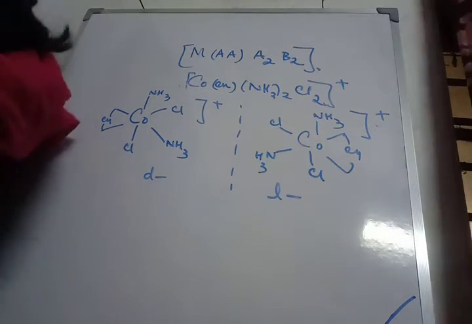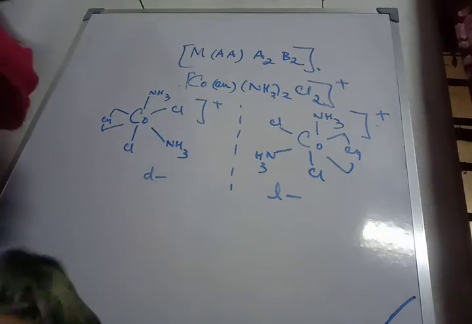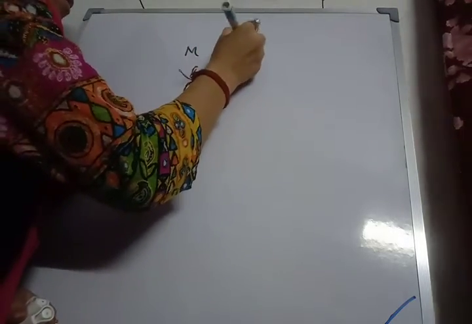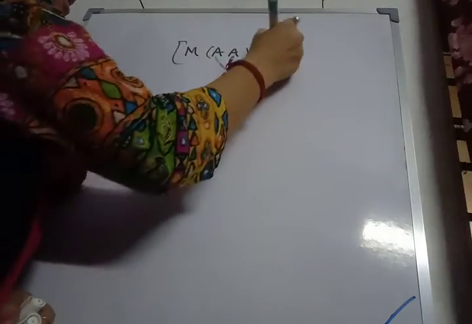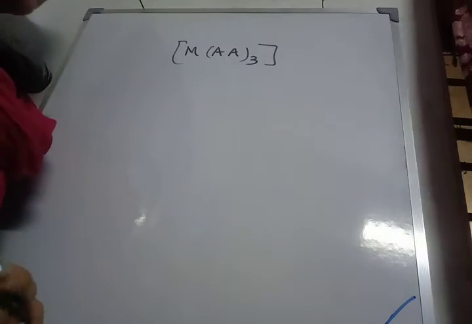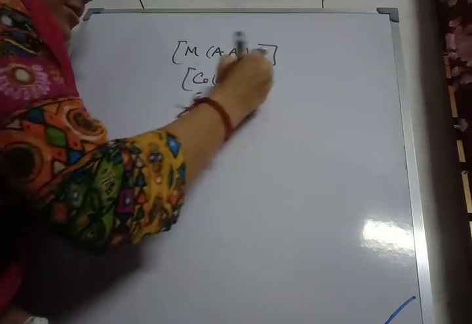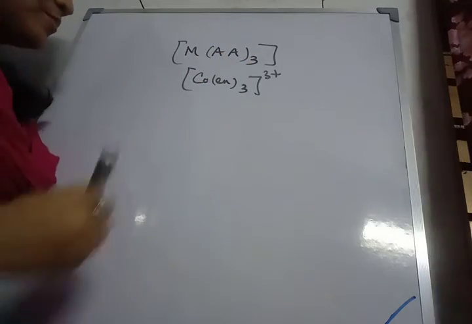Okay. The last type, MAA3. MAA3, M is the metal, AA is the symmetrical bidentate ligand. Example is Co(en)3, overall 3 positive.